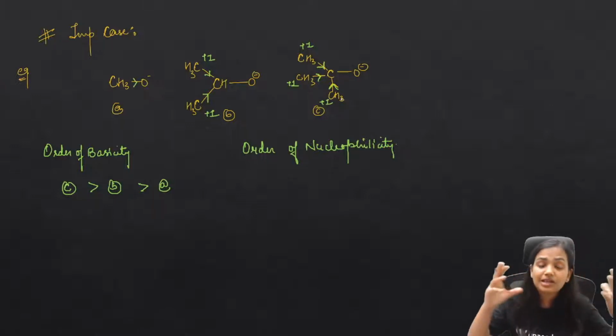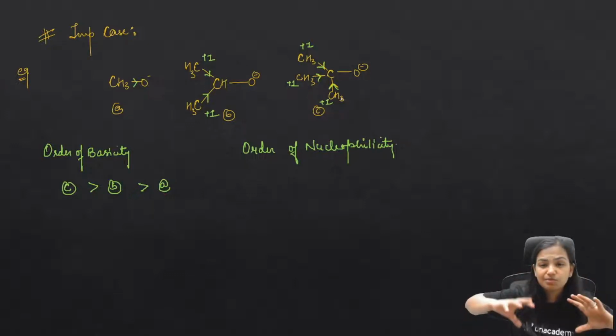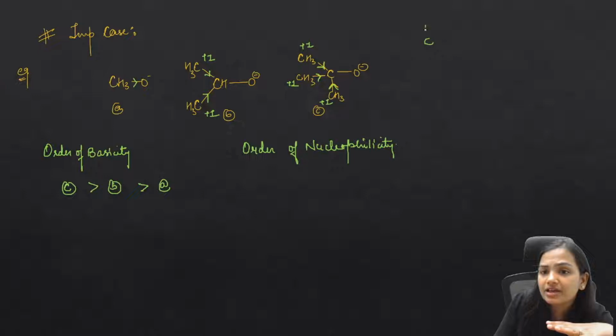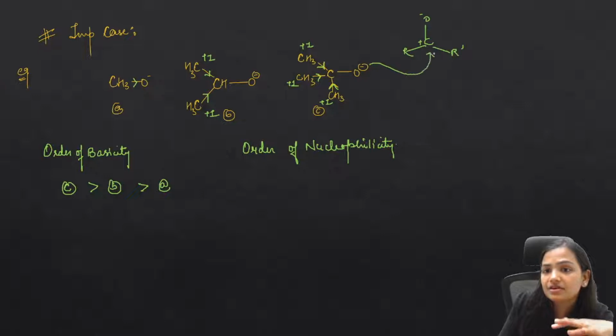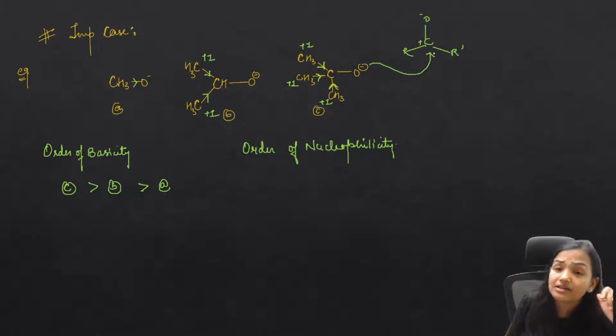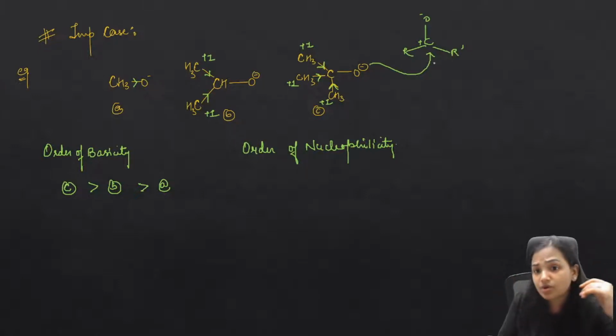All these methyl groups make this molecule bulkier, and because of this bulkiness, this O negative will not be able to attack any such carbonyl center. It will become very difficult for such species to attack any atom other than H positive.